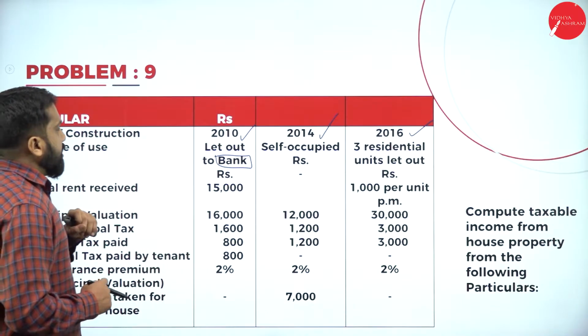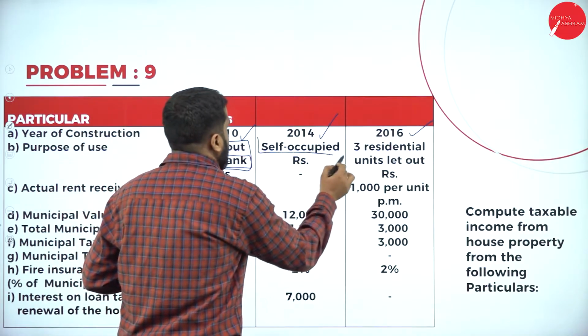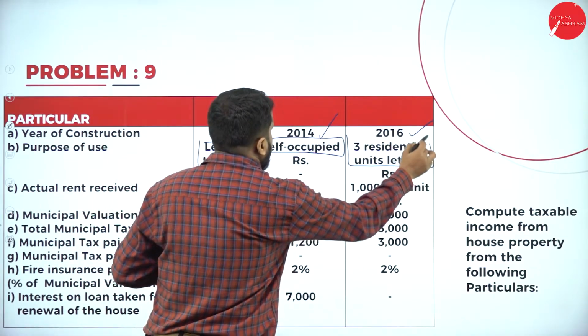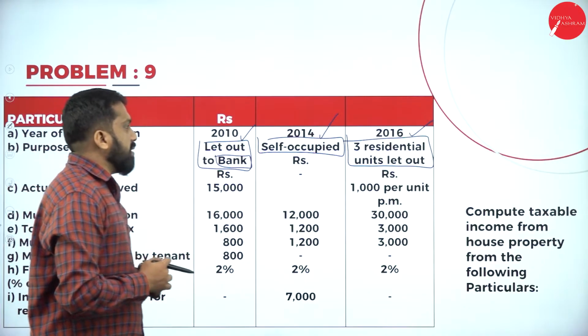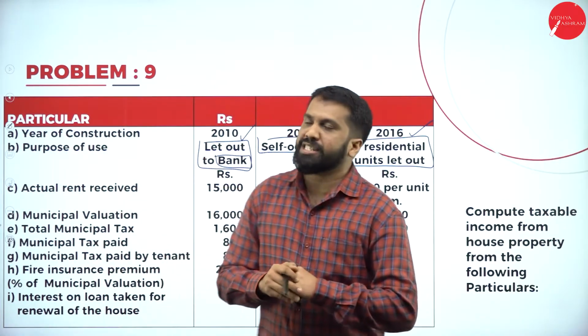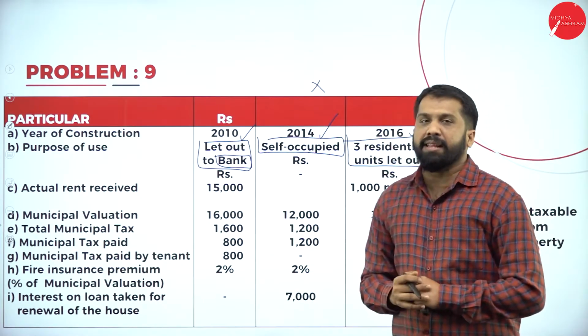Now, as per this, we have one let out to a bank, one self-occupied, and the third one, 3 residential units let out. What should we do? The second one, we will not do any calculation.